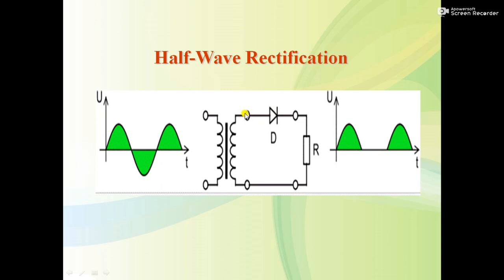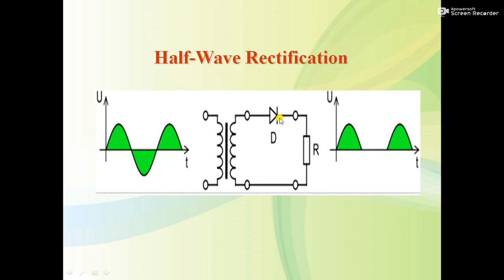If both are the same, at that time some amount of current is flowing through this diode. When current is flowing through this diode, it becomes a short circuit, closed circuit, or on switch.